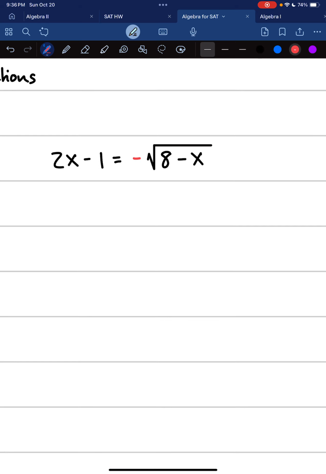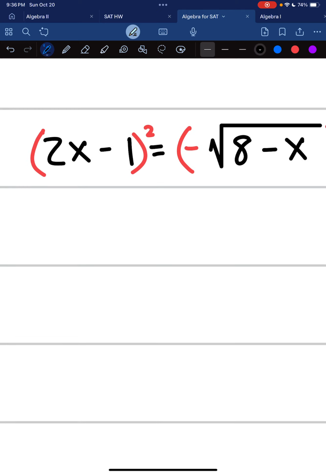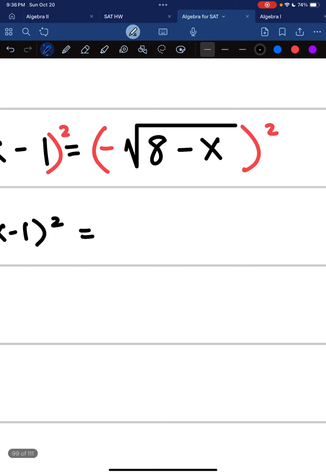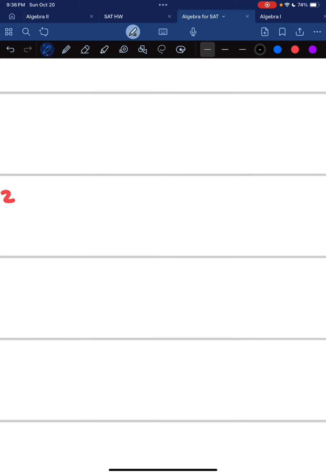Over here, I'm going to solve it in the same way. So square both sides, and I end up with 2x minus 1 squared is equal to 8 minus x. The reason why it becomes 8 minus x is when you multiply a negative times a negative, that's going to cancel out the negative sign, right?